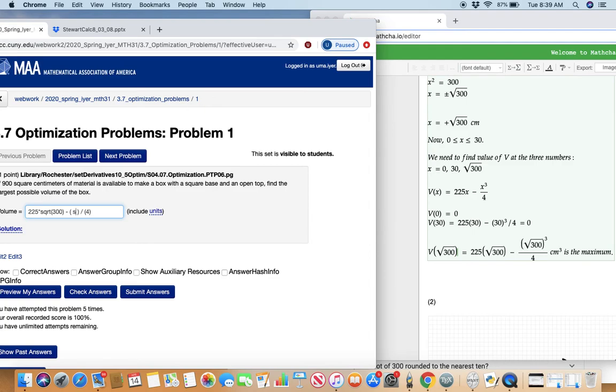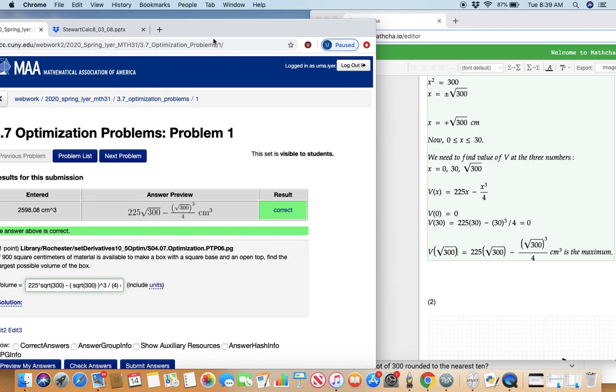Square root of 300, and power is written with a hat. Oh, sorry, it was a 3. Power 3. And then don't forget centimeter cubed because they are asking us. Which is correct. Preview is a good place for you to check whether this is exactly what you wanted it to be, because this is where you know how you have entered your answer. All right, so we are done here. Until next problem.